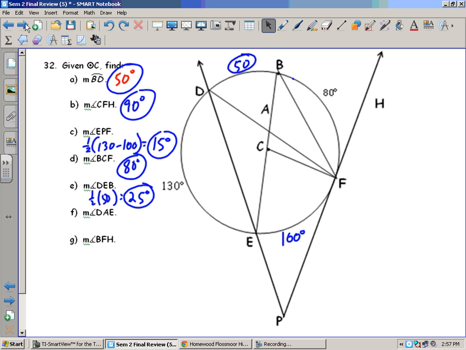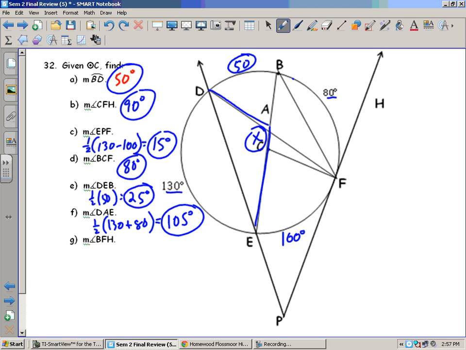So DAE, which is this angle, is going to be the average, basically. It's an angle inside the circle. So we say 2 times the angle equals 130 plus 80, right? So it's going to be 1/2 of basically the average of 130 and 80. So 130 plus 80 is 210. Half of 210 is 105, and that's why DAE should be 105.